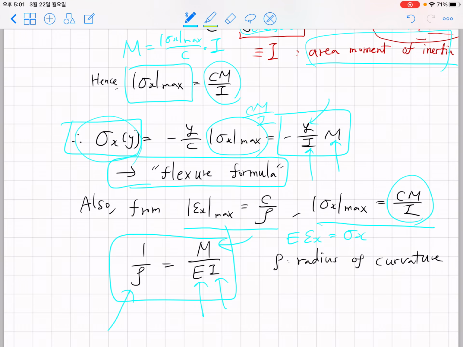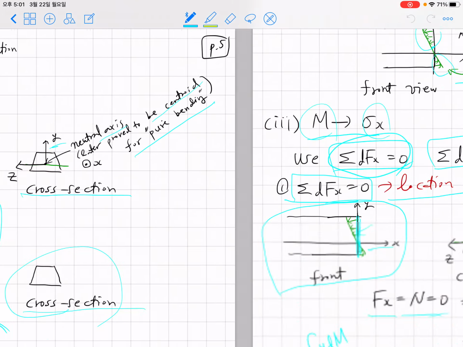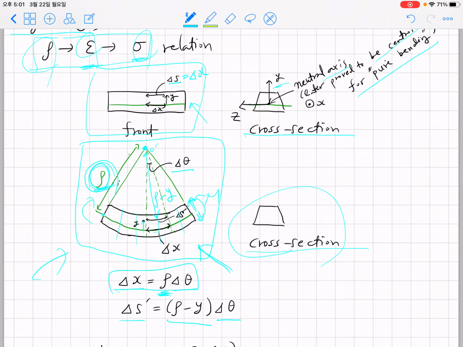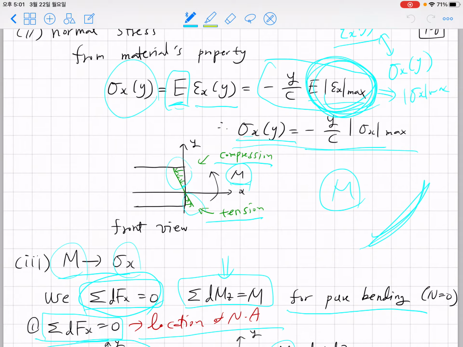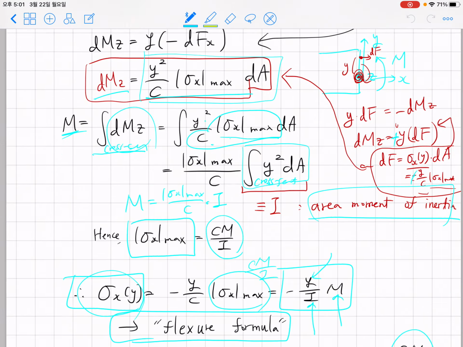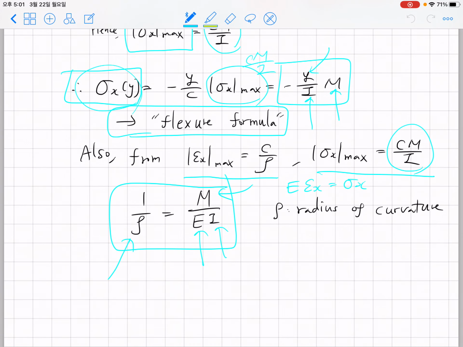So now we begin from an unknown value of rho, an unknown value of epsilon max, because we don't know rho. But after going through this mechanical equilibrium equation, we prove that the neutral axis goes through the centroid under pure bending. It is really important that the neutral axis goes through the centroid under pure bending. If we don't have the constraint of pure bending, we cannot say that the neutral axis goes through the centroid.